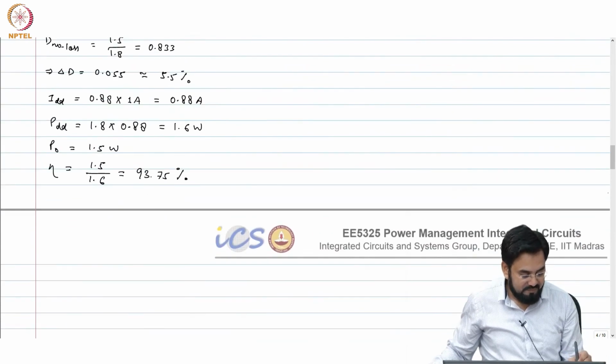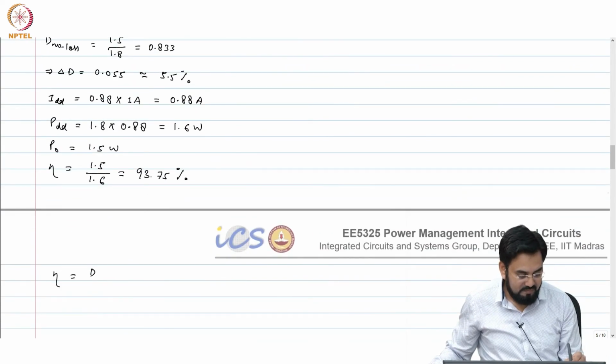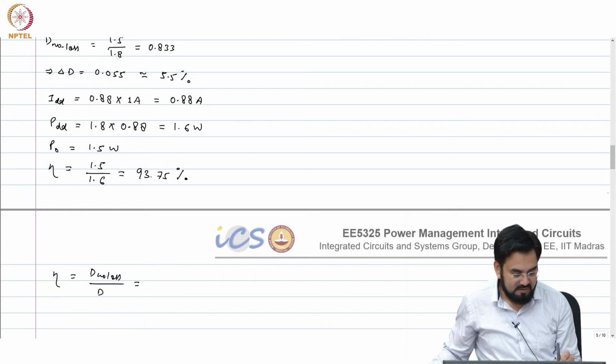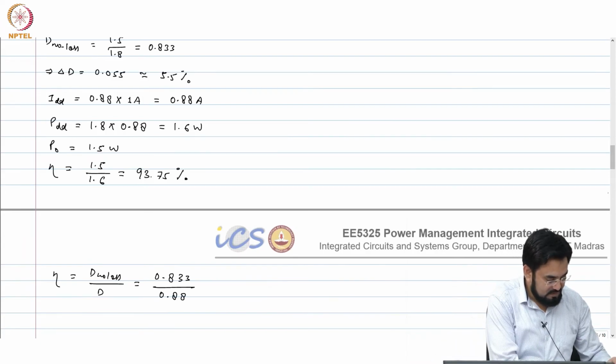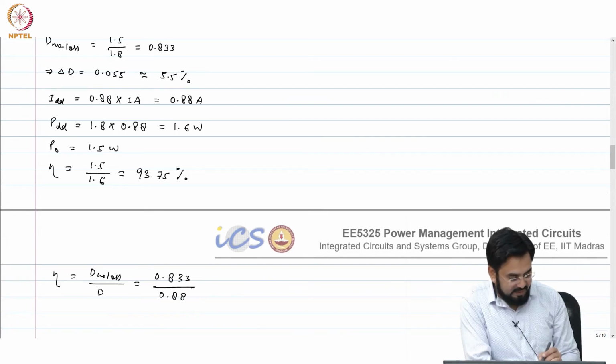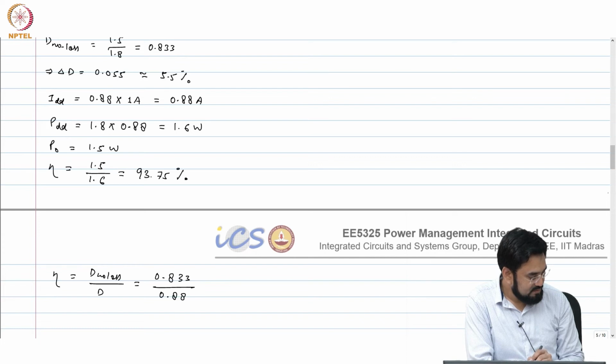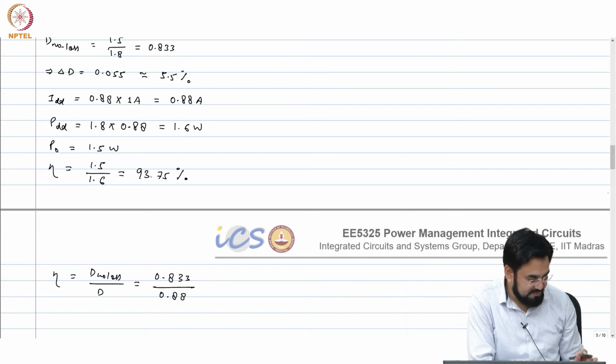Now, from D no loss over D: 0.833 over 0.88. How much is this? 94.6. No, actually it should be the same.